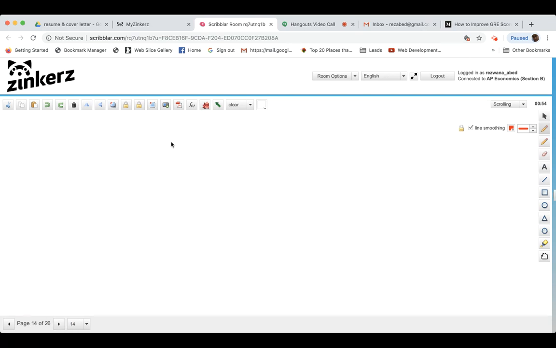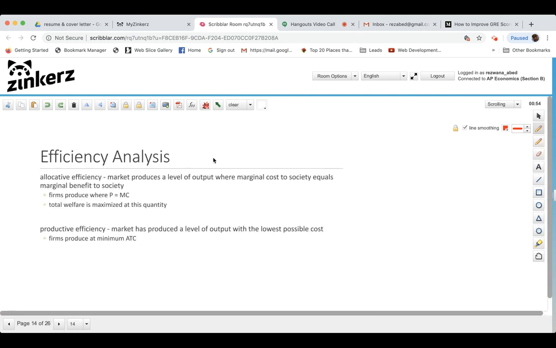Then let's talk a little bit about this idea of efficiency. If you remember, I touched upon this in our very last class when we talked about perfect competition, that there are two kinds of efficiency that perfectly competitive markets achieve. One is allocative efficiency, and the other is productive efficiency. Allocative efficiency has to do with producing a level of output where the price is equal to the marginal cost.